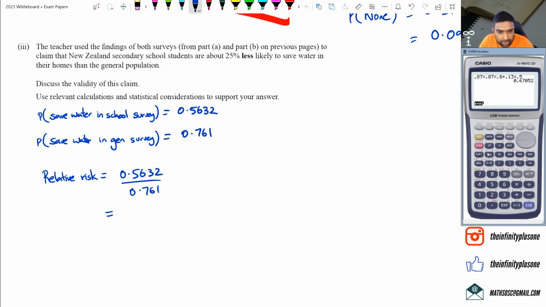Whoa, what was I doing here? Sorry, it's kind of working on the answer schedule and this, but there we go. That's how we get that 0.761. Now I've got 0.5632 divided by 0.761. So this is going to give me 0.74.